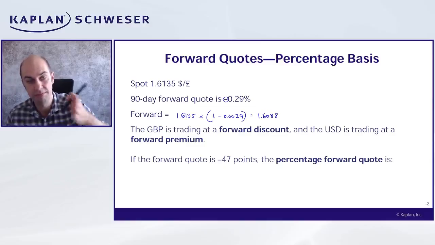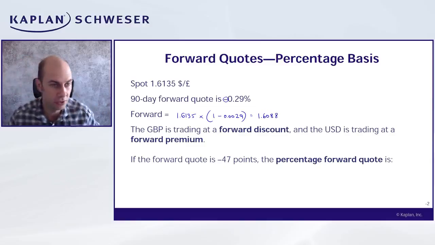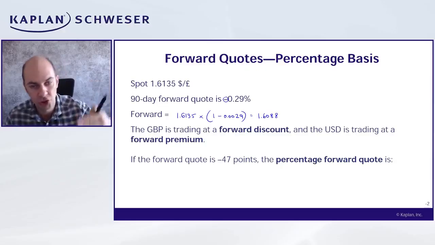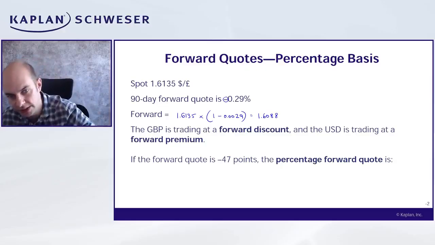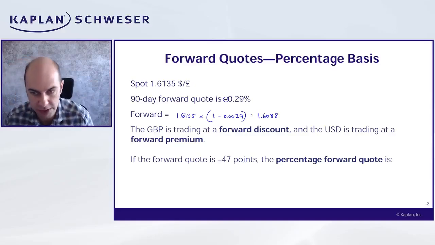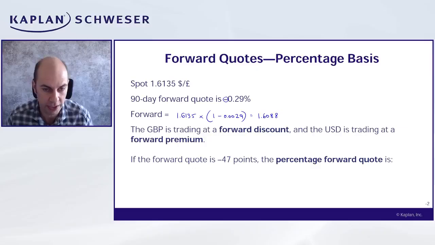And you can see here that because the forward is below the spot, we could say in this case that the pound is trading at a forward discount, but logically reversing that for the price currency, the dollar must be trading at a forward premium.